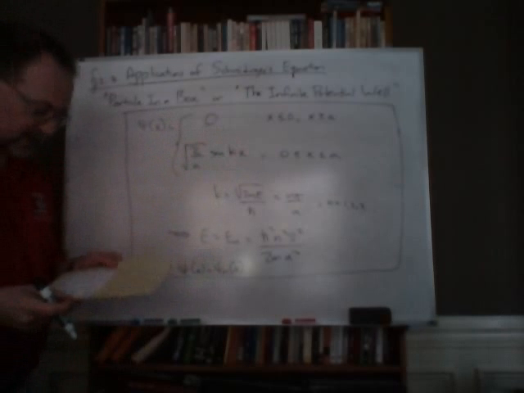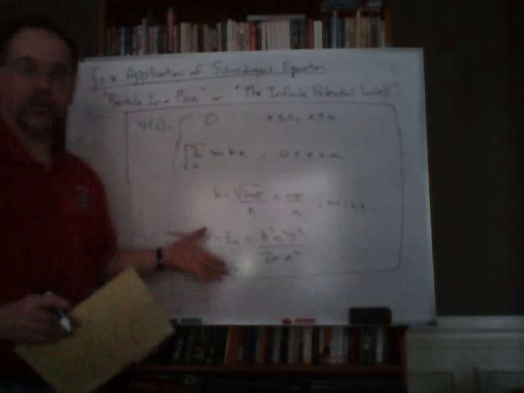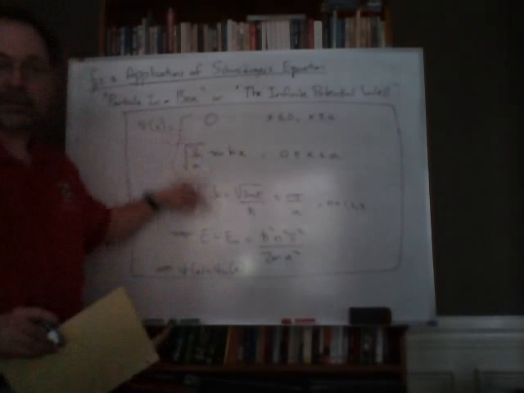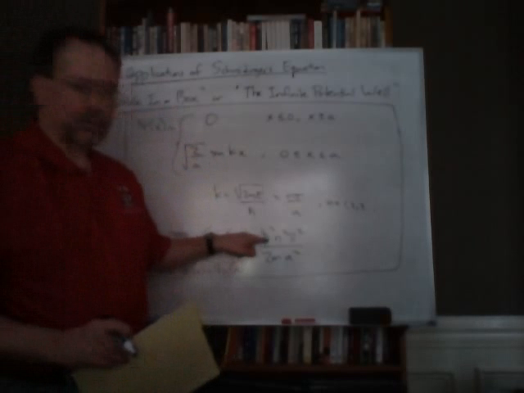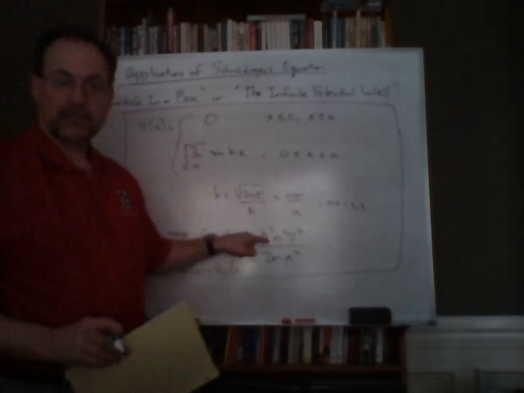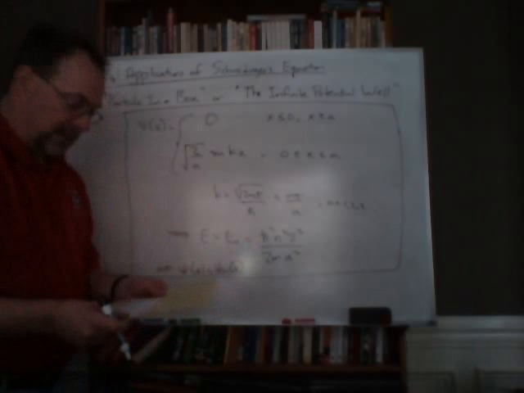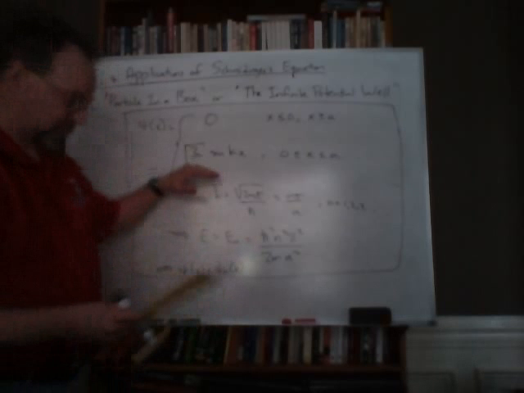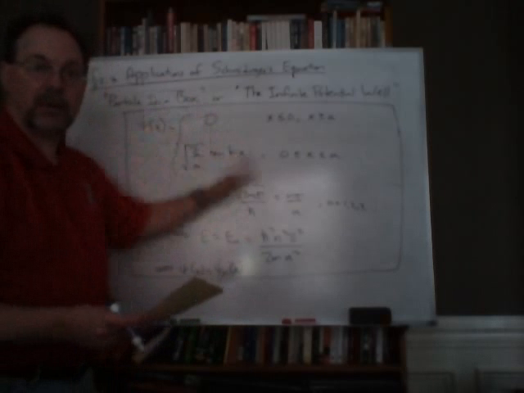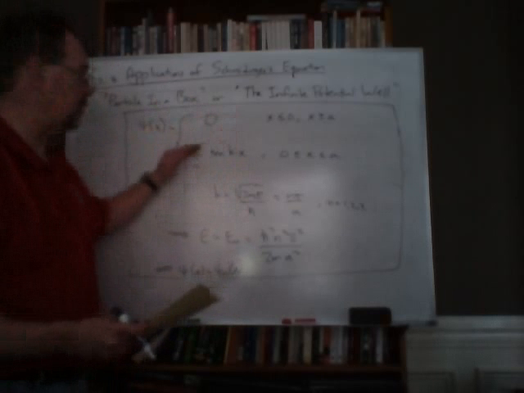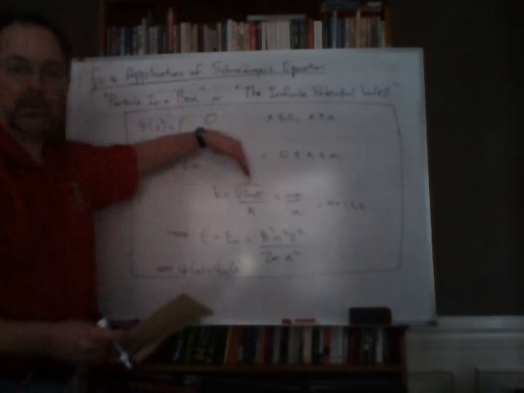If you look in chapter 2 at figure 2.7, it shows you what psi looks like for n equal 1, n equal 2. You can see that energy goes up as the square of n. This sinusoid starts out with one bump. For n equal 1, we've just got one hump.